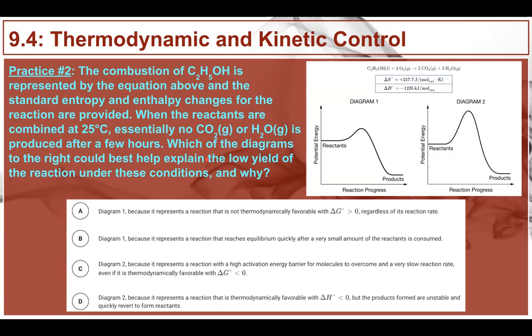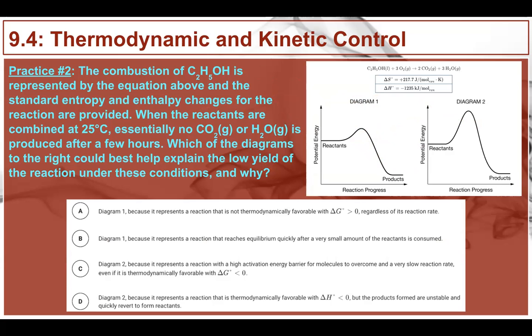Let's look at another question. All right, so looking at these diagrams over here, we've got the same reaction, but check out the peaks, they're different. The combustion of C2H5OH is represented by the equation above, and the standard entropy and enthalpy changes of the reaction are provided. When the reactants are combined at 25 degrees Celsius, essentially no carbon dioxide and no water is produced after a few hours.